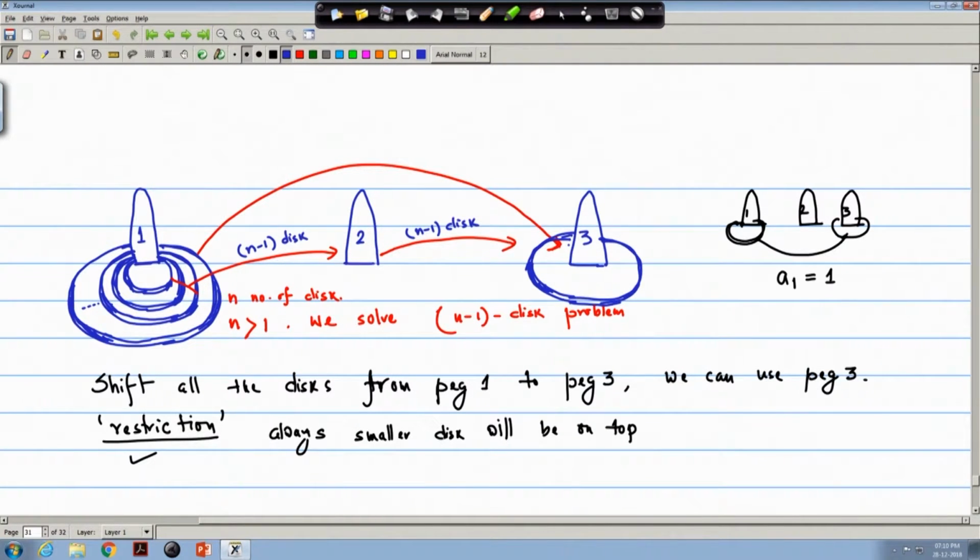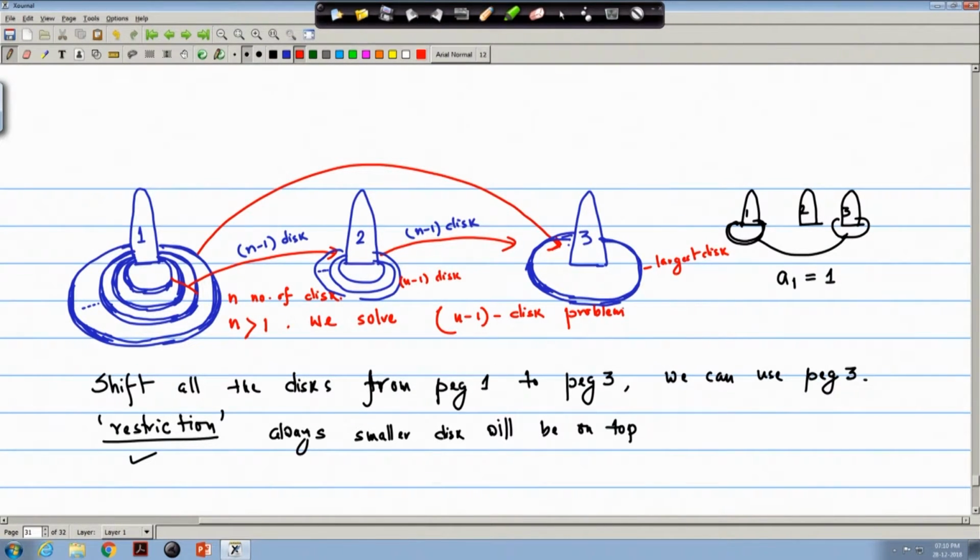Then all n disks are shifted from 1 to 3. So, here actually I will be giving that as if these are my n minus 1 disks, and this is the largest disk that was at the bottom of the peg 1.